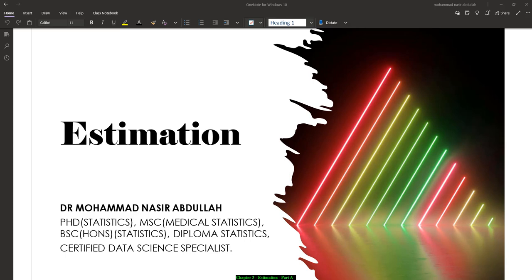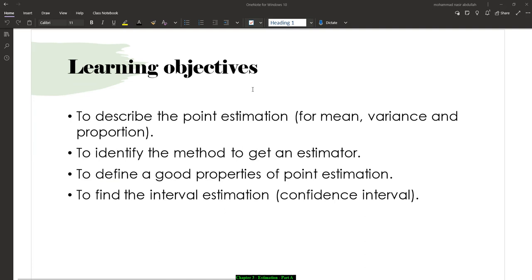Today we're going to start a new chapter, which is estimation, chapter number 3. The learning objective for this chapter is to describe point estimation, especially for mean, variance, and proportion. We're going to focus on these three estimators.